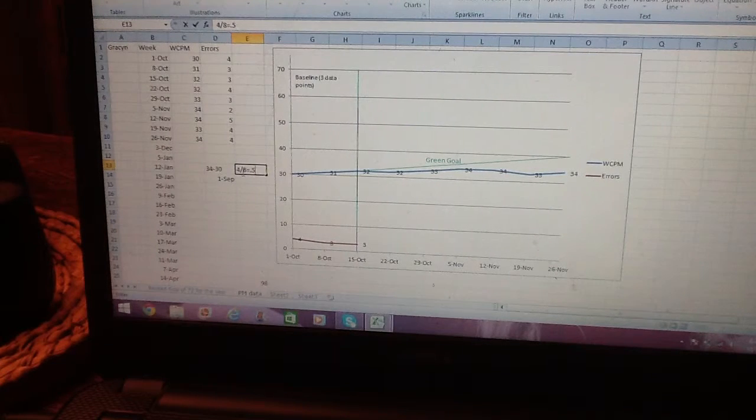Right now we're looking at this question: if the second grade fall benchmark is 51 words correct per minute, will Grayson reach this goal by week 18, which would be the second 9 weeks?